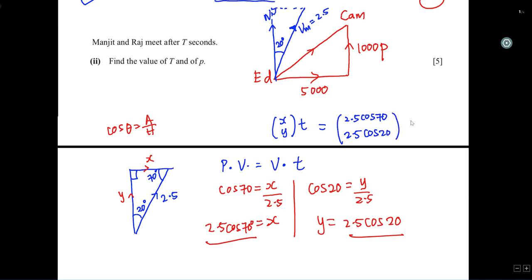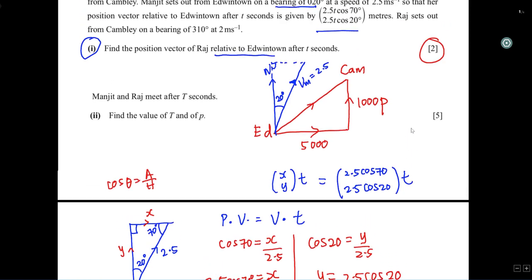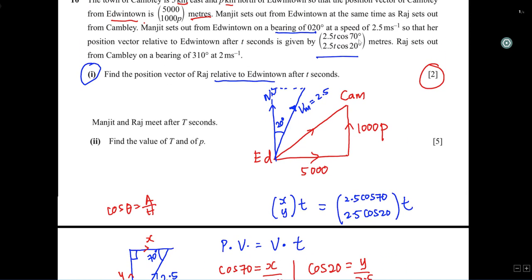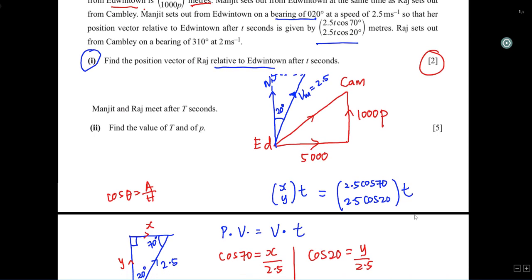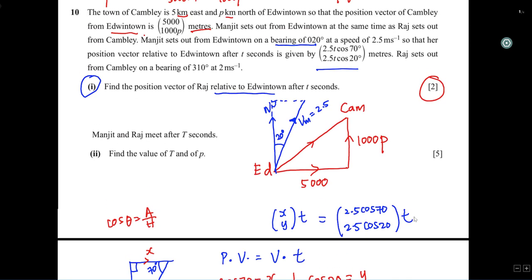To get a position vector, I will multiply with time. Therefore you get 2.5 t cos 70 and 2.5 t cos 20. Just multiply the t into it, and you will get a position vector. This is how the position vector of Manjit departing from Edwin town after t seconds.